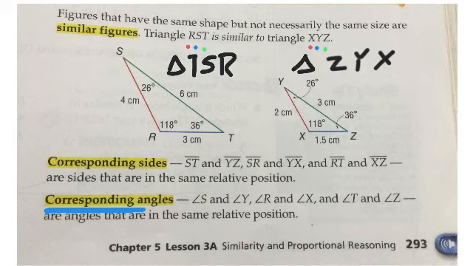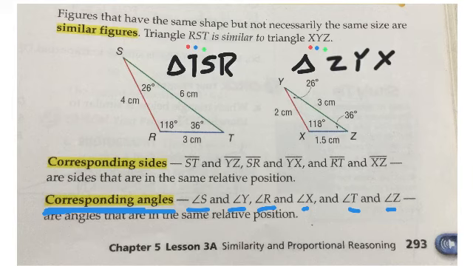All that means is the angle that's in the same position. What we just got done talking about. So S and Y are corresponding, R and X are corresponding, T and Z are corresponding. These are angles that are in the same relative position.